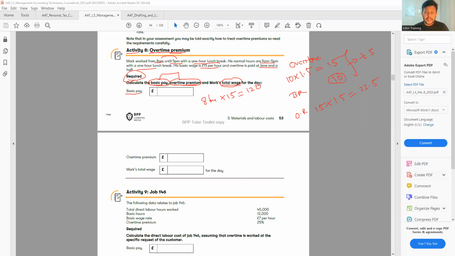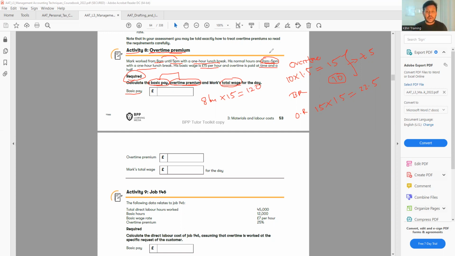Do not make a mistake like, oh, he normally works 9 to 5, that means 1 hour he worked extra, so 1 hour is the overtime, and so the basic hours will be 7. No, basic hours is not 7. The question didn't ask you for the overtime. The question asked you for the overtime premium. Basic hours means how many hours you work, it doesn't matter whether it is within your time or out of your time.